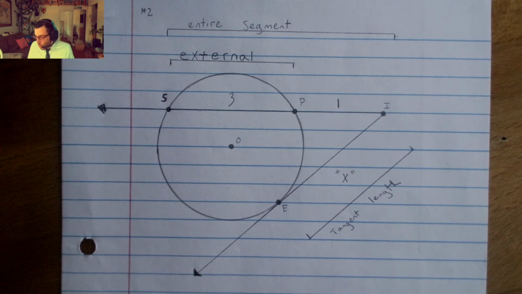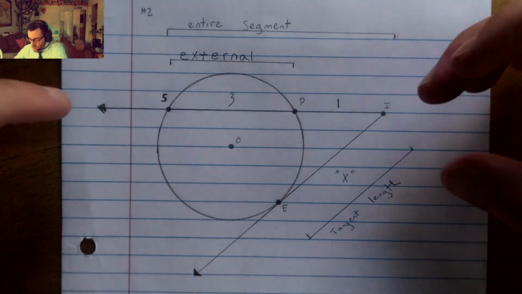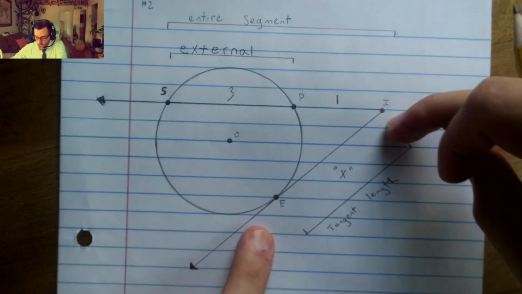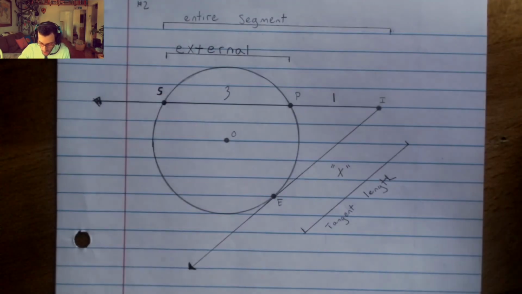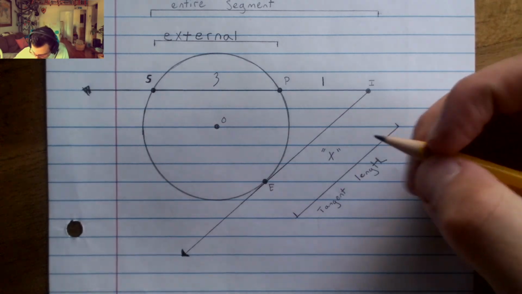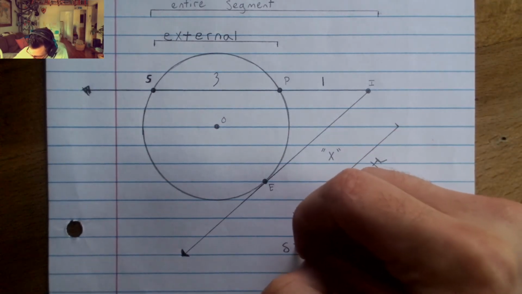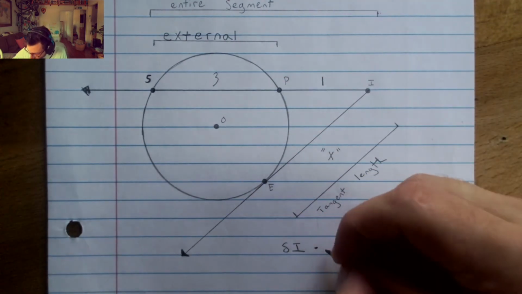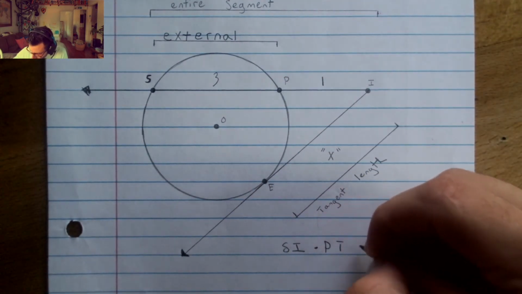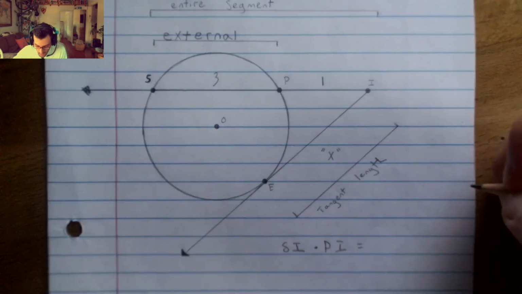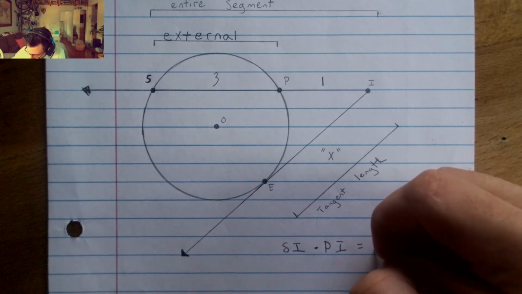And what we have here in terms of our equation is we're going to have our secant value, our whole length, times our external, equal to our tangent squared. What that's going to look like here is going to be SI, our whole length value, times our external value, and our tangent value of IE or EI.